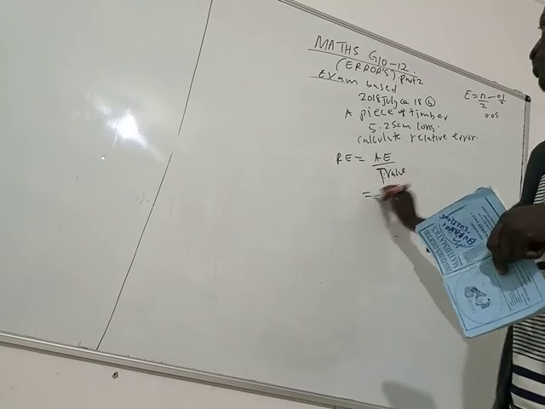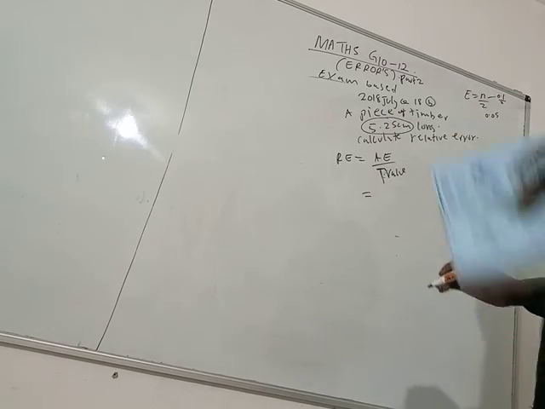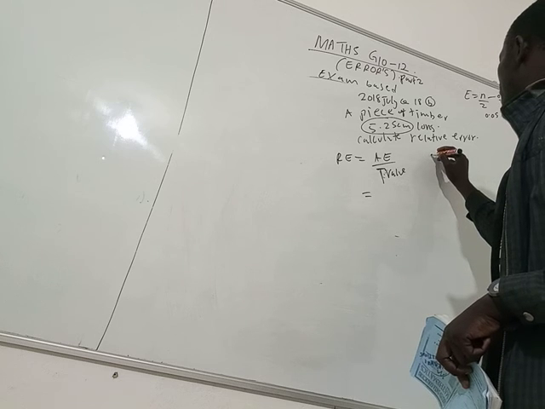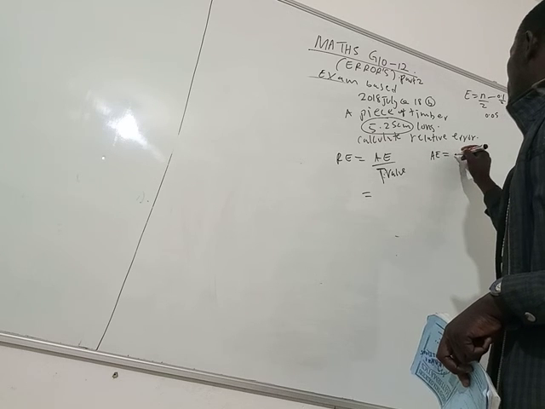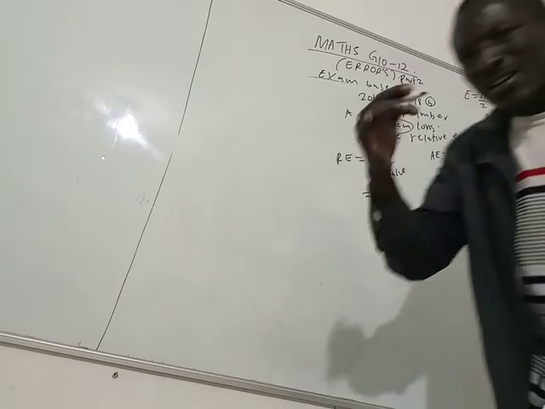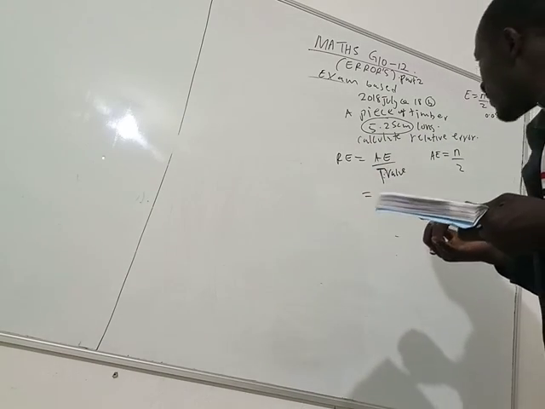Okay, so we only have one measurement, one figure, so absolute error is equal to N divided by 2. N is a unit difference, okay? The unit difference in this case, they are saying 0.25.